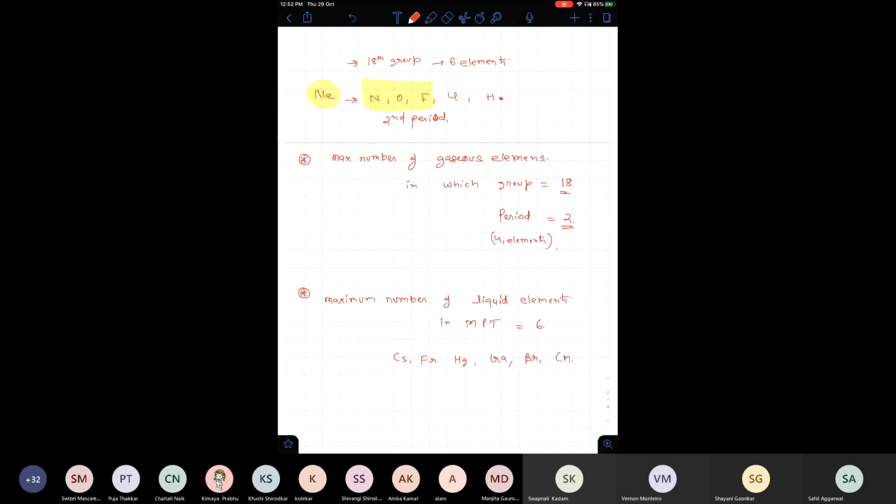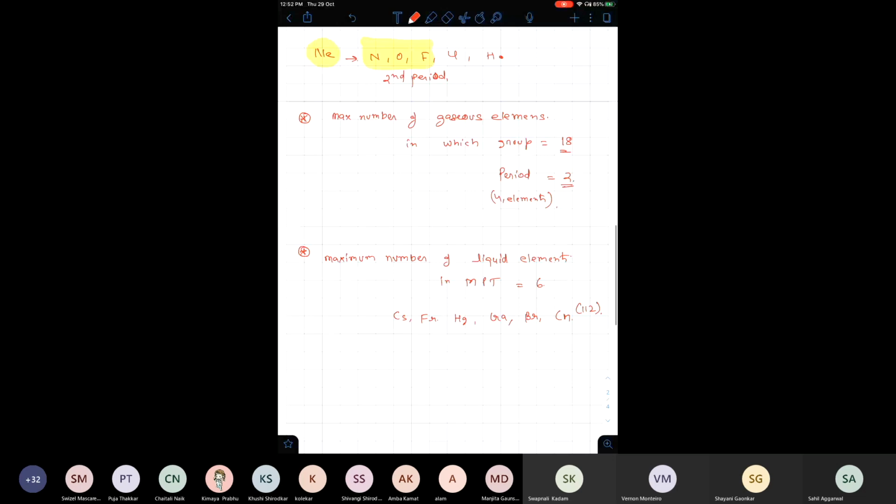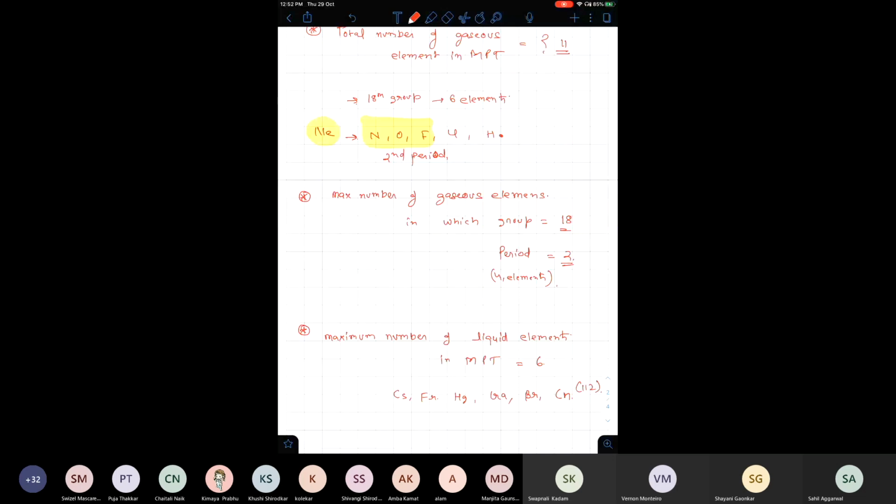Copernicium is 112. Yes, it is radioactive, but it is a liquid element. No other classification was given.